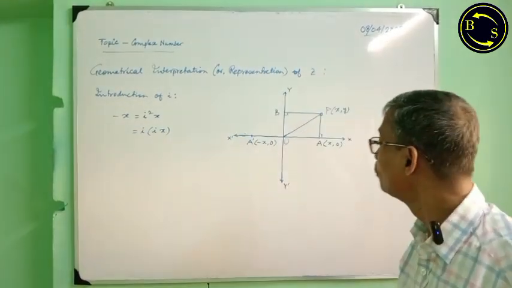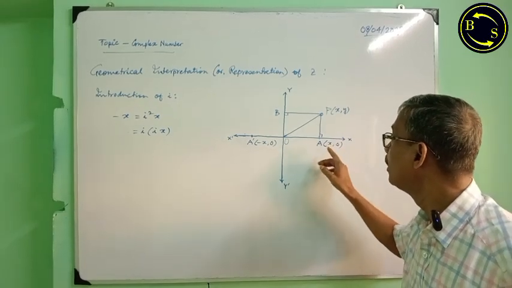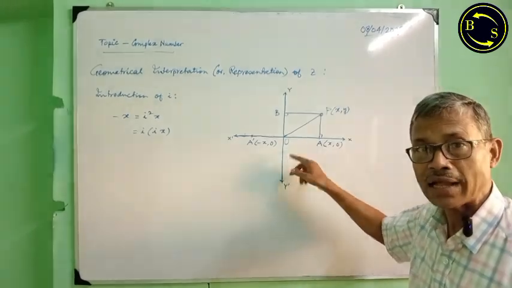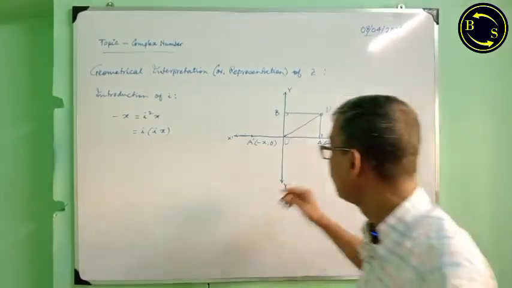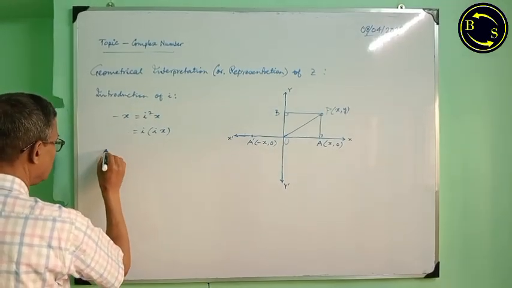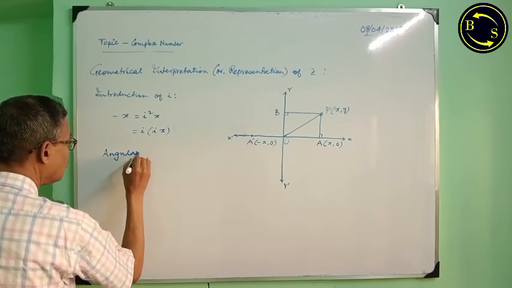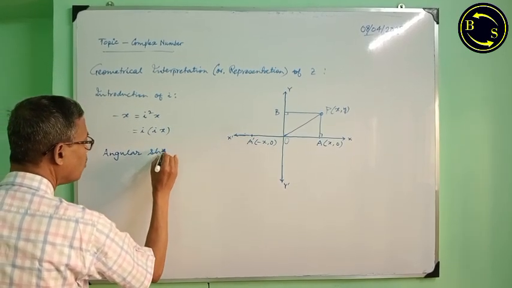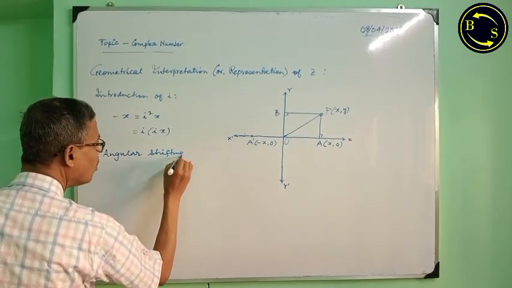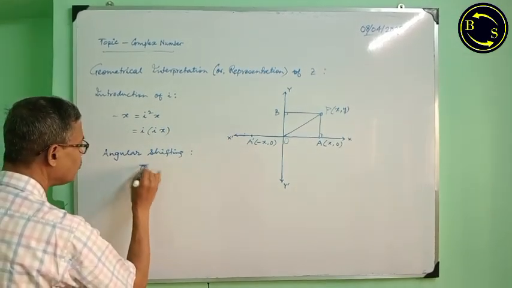And now we take the angular shifting. Angular shifting is how much? Pi.